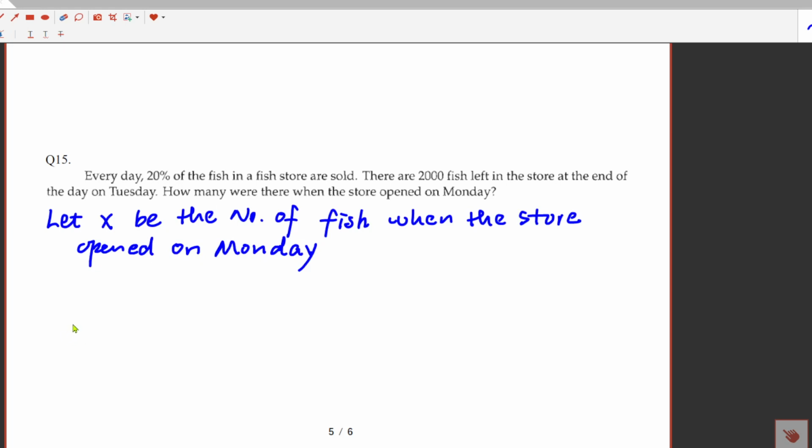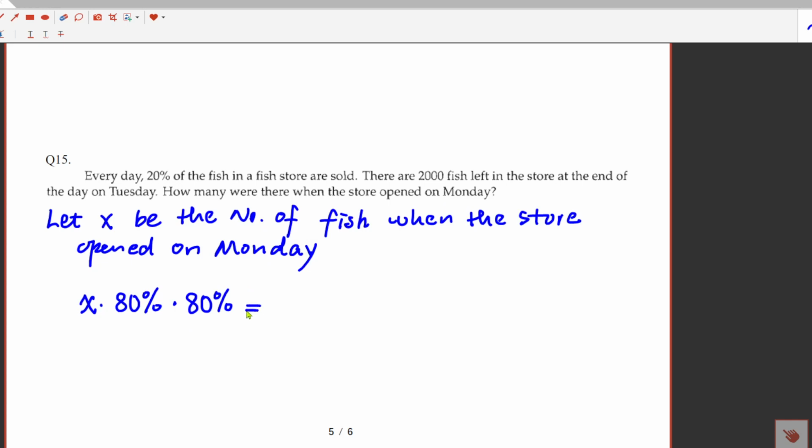So basically we have experienced 2 days, right? The original number x becomes 80% of x after the first day, and 80% of the number after the first day is the number at the end of the day on Tuesday, right?